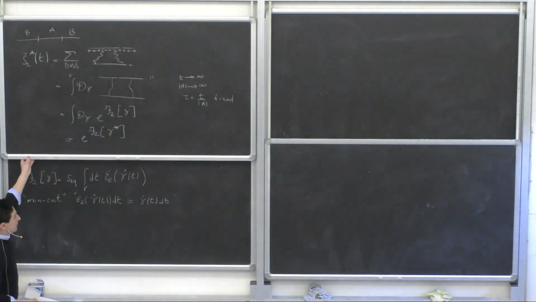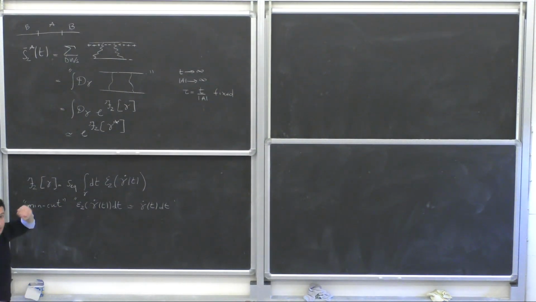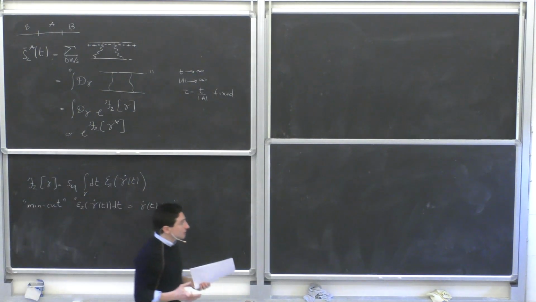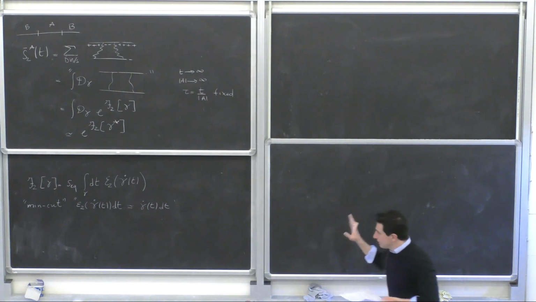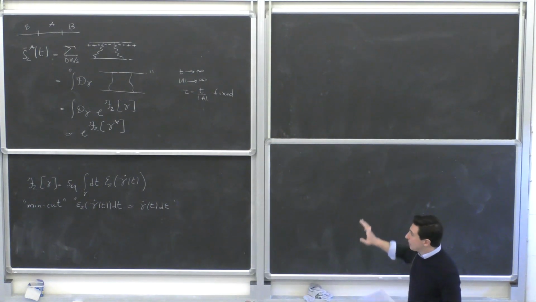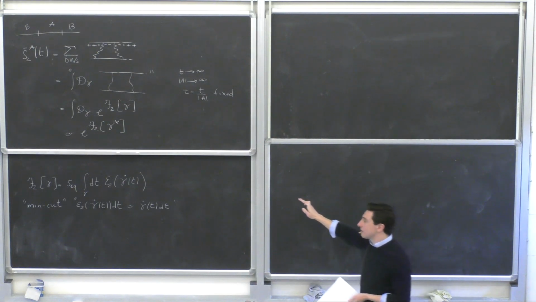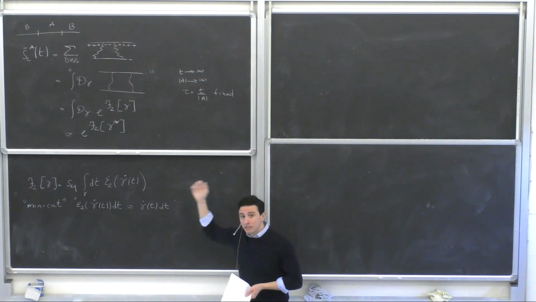Again, in the minimal cut picture, the optimal curve is the one which minimizes the length of the curve. And not only that, but the cost of the curve is actually the length of the curve. Now we would like to argue, and this is not going to be a rigorous part of the lecture, what we should expect for a general cost function.